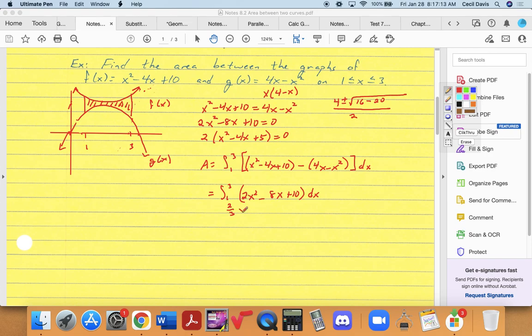So this is 2/3 x cubed minus 4x squared plus 10x from 1 to 3. Let's see, that's going to be 18 minus 36 plus 30 minus 2/3 minus 4 plus 10.